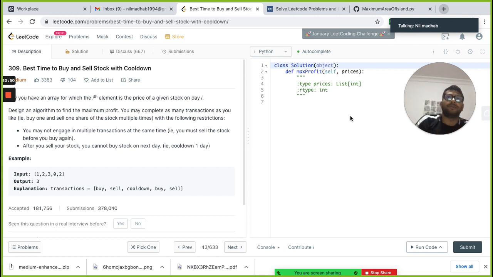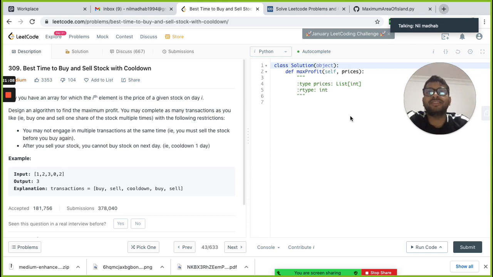So this is a variation of the sell stock problem. The simple one is where you can only buy once and sell once, and you have to find the maximum profit that you can make.